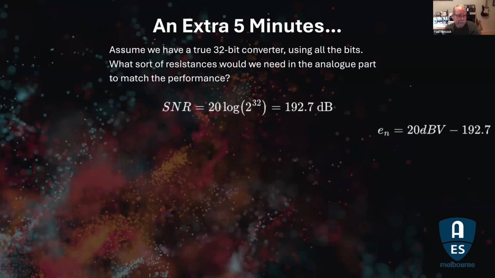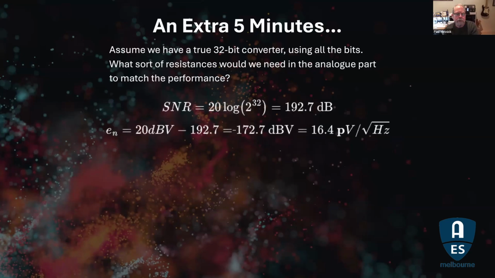So it's not bad. If we assume output levels of plus 20 dBV, then the input noise that corresponds to that is minus 172, which is 16 picovolts per root hertz. Now, remember the other stuff was in nanovolts per root hertz. So we're in a whole other class here.